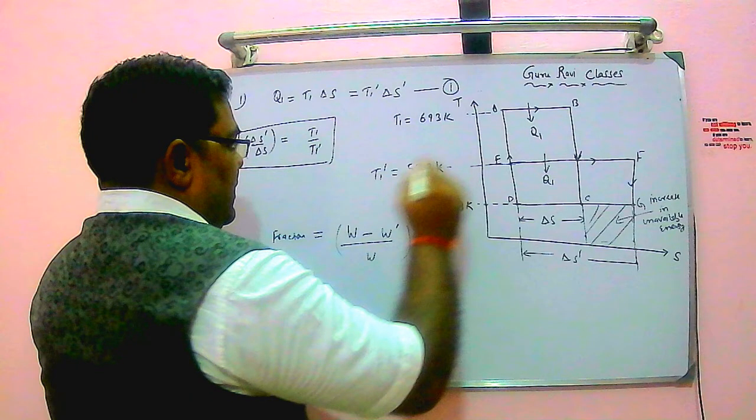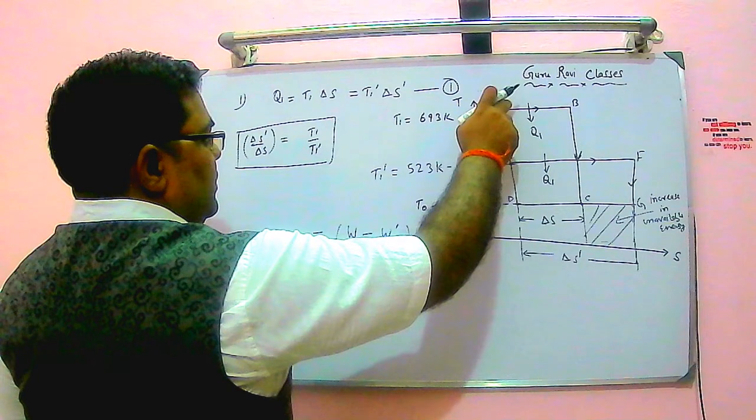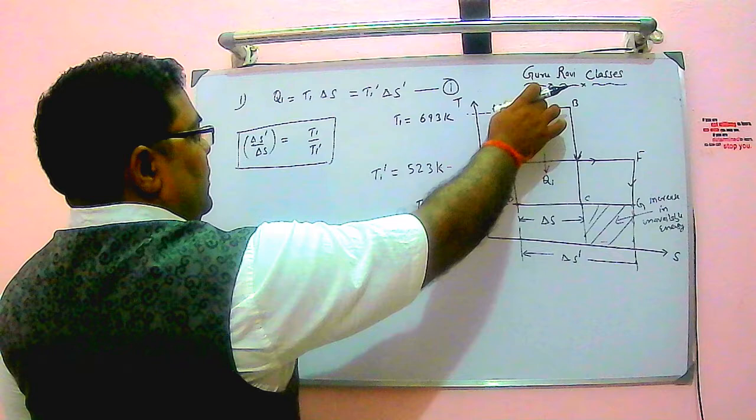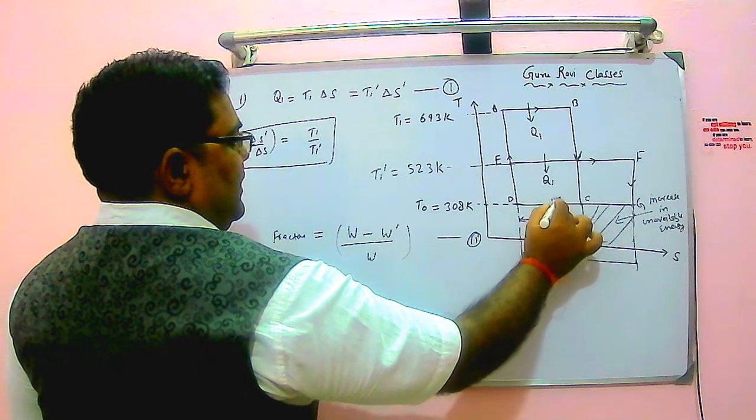So the available energy at the source, at vaporization, W is equal to nothing but Q1 minus Q2, where Q2 is getting transferred here.